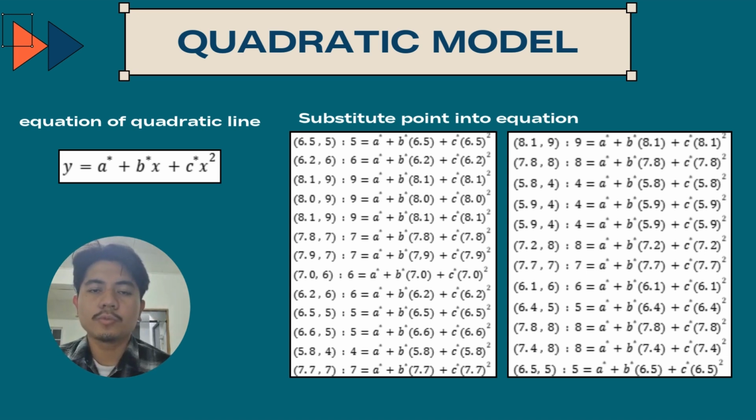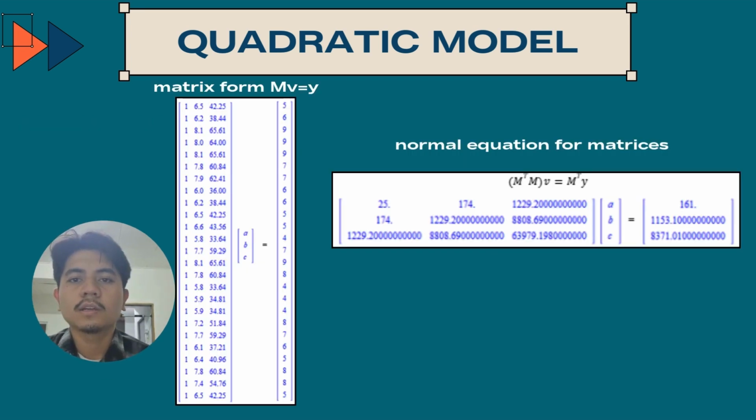Okay, now we will move to the next model, which is the quadratic model. The quadratic line is y equals a plus bx plus cx squared. So we substitute the points into the equation. Next, the matrix form is Mv equals y, and the next one is the normal equation for matrices: M transpose M v equals M transpose y.